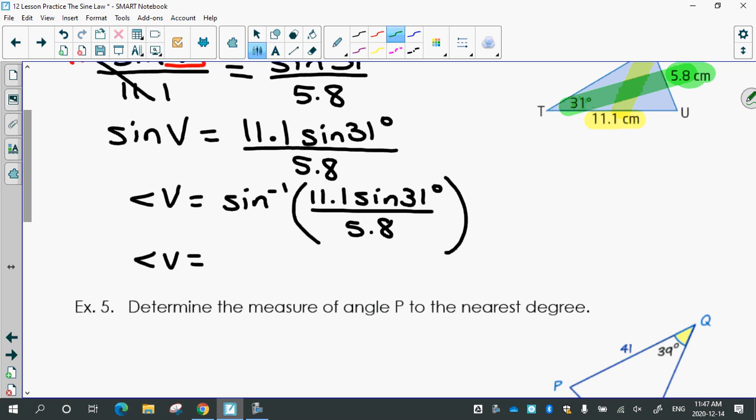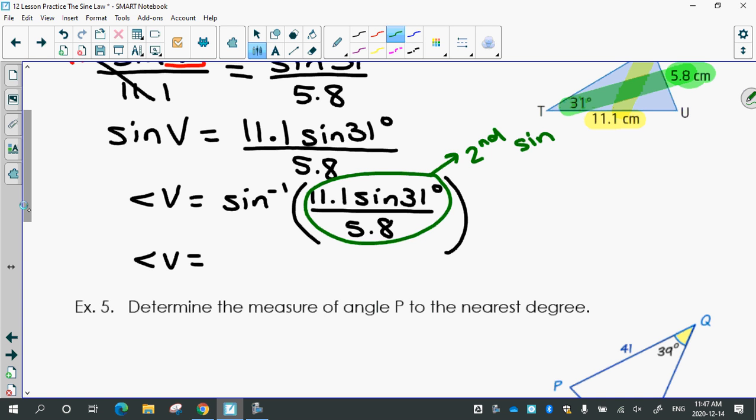Some people have to do this whole calculation first and then do second or shift and sine. So you have to figure out which way your calculator is. It depends on your calculator.